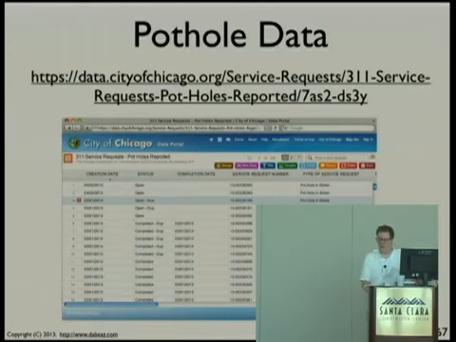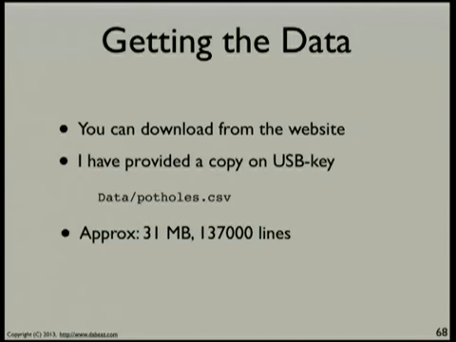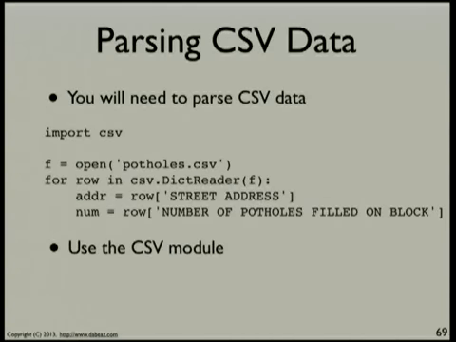So the slides kind of go through this. You're going to use the data portal there. It's about a 31 megabyte CSV file, 140,000 records. To do this turns out to be not as hard as you think. We have to parse CSV files, comma-separated value files.